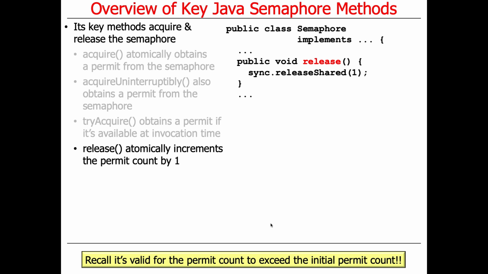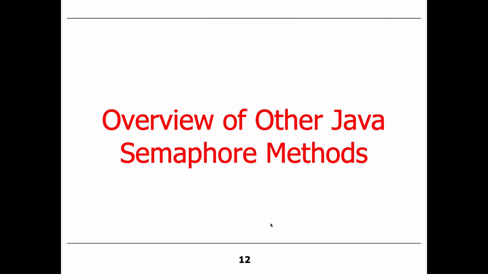And then the last method that's sort of core to the semaphore interface is the release method, and that automatically and atomically increments the permit count by 1. And remember, it's possible for the permit count to exceed the initial permit count. Might be a little weird, but you can just keep sitting there going release, release, release, release. And about the only reason you'd ever do that is if you started with the semaphore being negative, which itself is kind of weird.